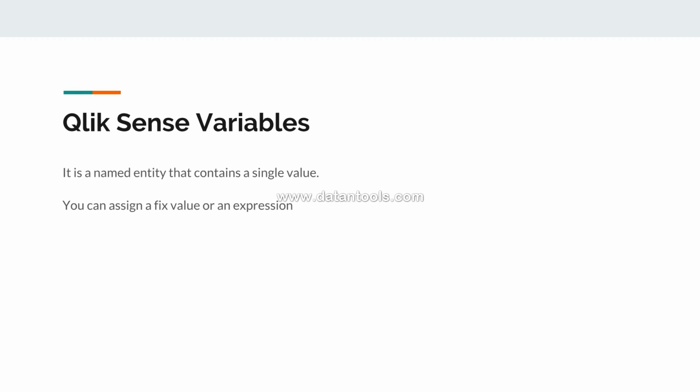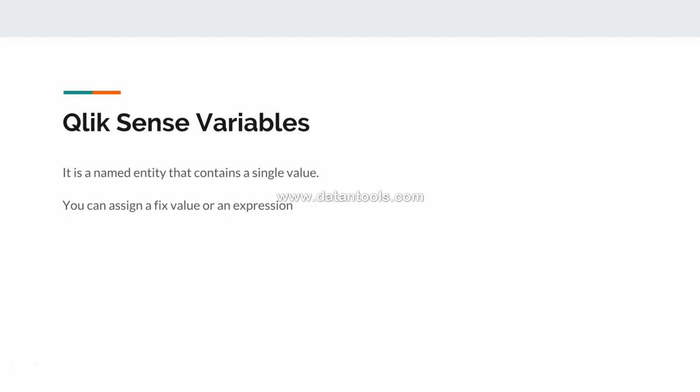And the benefit of a variable containing an expression is this: suppose one expression, like sum of sales, or a complex expression like sum of sales of a particular country or a particular product, is used in 15 different places. And tomorrow, let's say that product is discontinued and a new product needs to be inserted.